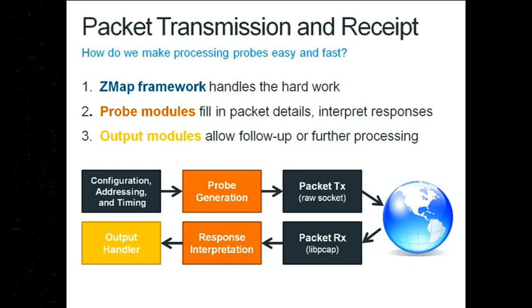Because we wanted to use this for research, we tried to make the output system very flexible so that we could take data coming back from the scanner, throw it into a database, throw it into Redis. We have a variety of output handling modules that you can use for different purposes. Initially what this is providing is basically just a port scan, so you probably want to do more.